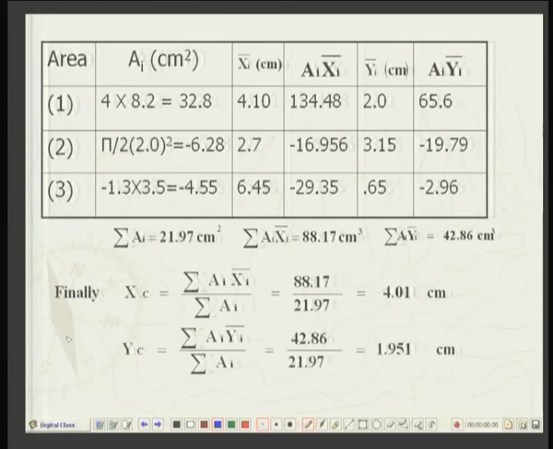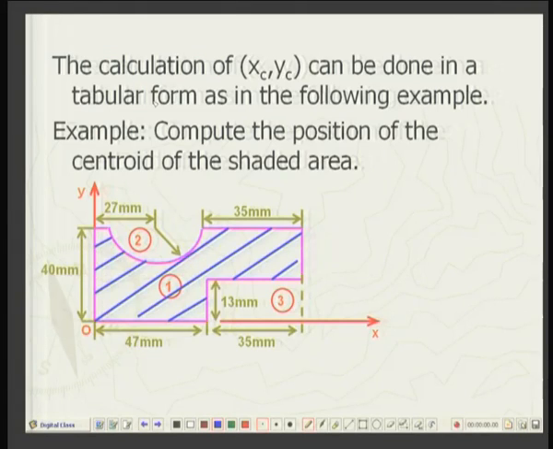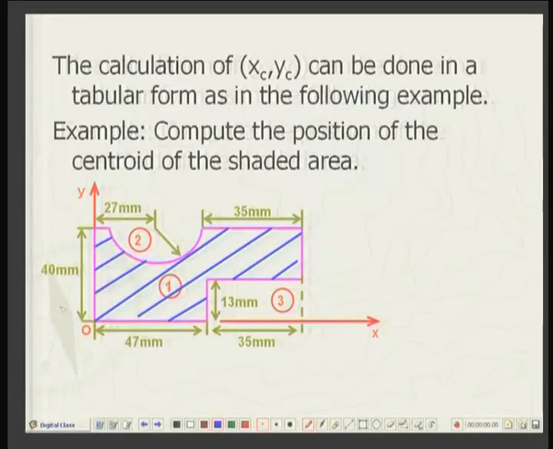Okay. Now, areas 1, 2, 3. First is the outside area. If you look at the figure, this outside area of dimensions 82 by 40, and its centroid will be, because of the symmetry, at the intersection of the two symmetry axes.